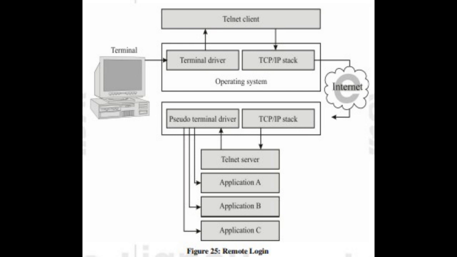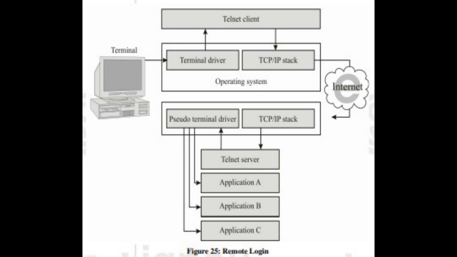Remote login. When a user logs on to access an application on a remote computer, the user needs to perform remote login. Here the Telnet client and server come into use. The user sends the keystrokes to the terminal driver, where the local operating system accepts the characters but does not interpret them.